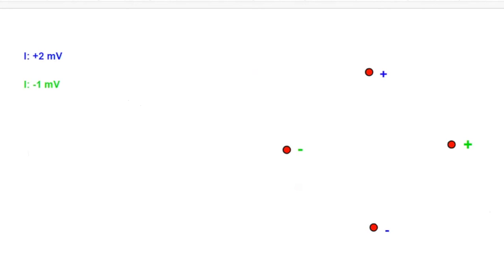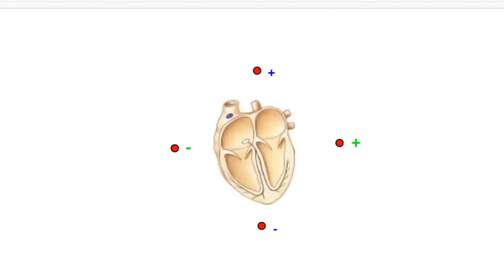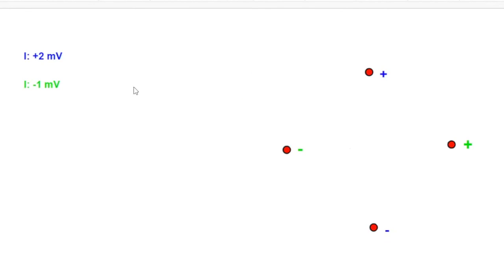Okay, I'm just going to get rid of the heart here. So what would the vector look like on lead 1? I forgot to change these. Lead 1 is the green one, and lead 2 is the blue one, which follows what we said before. What is our vector going to look like that's in the middle there?